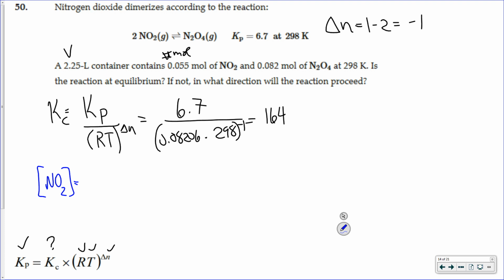164. Okay. Now I want to find out what is the molar concentration of the reactant. So the molar concentration of the NO2 is equal to the number of moles divided by the volume, 2.25 liters. It's going to give me molarity.